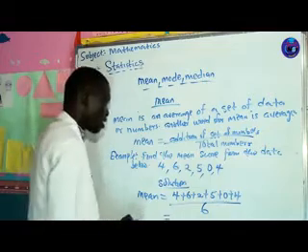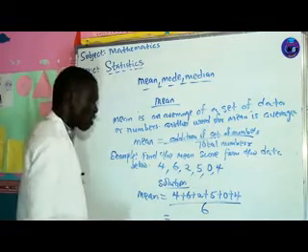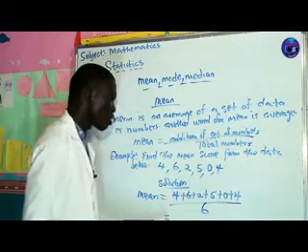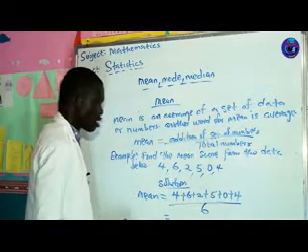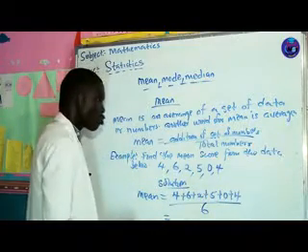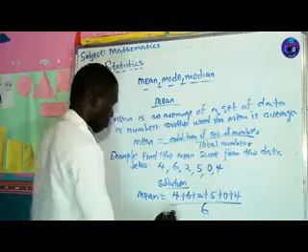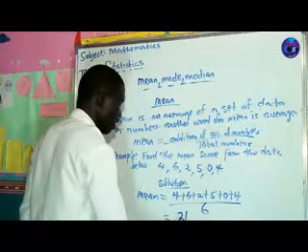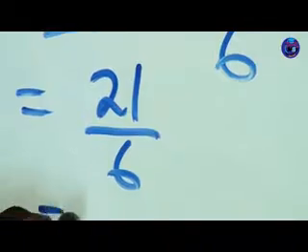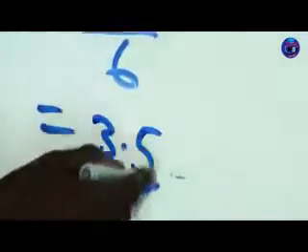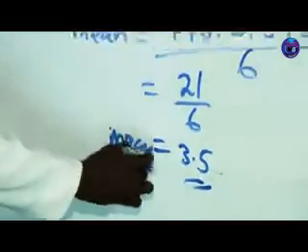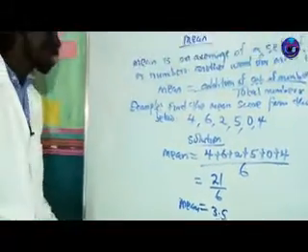So let's add. 6 plus 4 will give us 10. 10 plus 2 will give us 12. 12 plus 5 is 17. 17 plus 4 will give us 21. Right. 21 all over 6. So 21 divided by 6 will give us 3.5. So our mean will be what? The mean score will be 3.5.